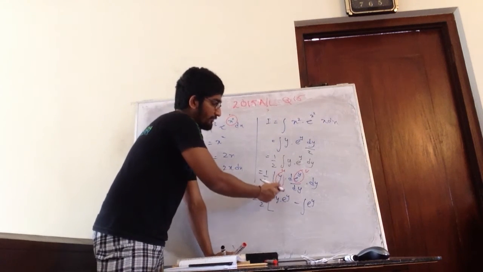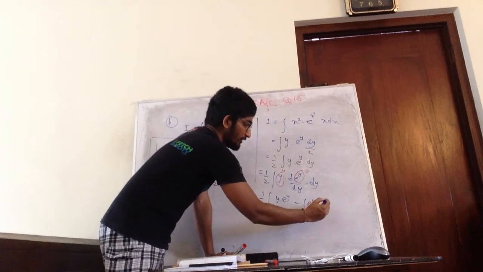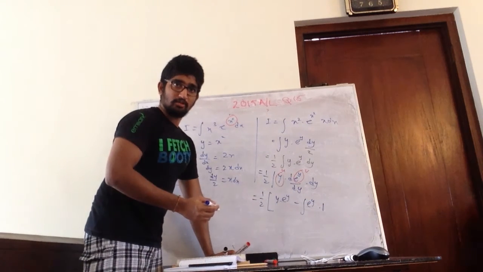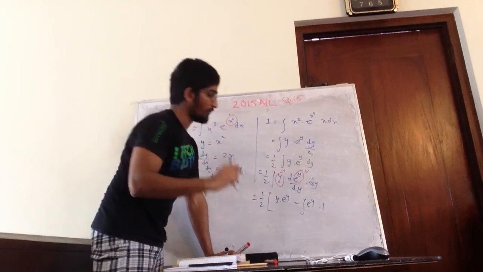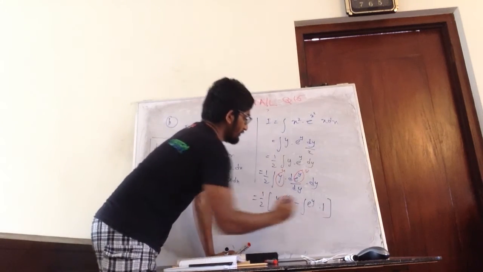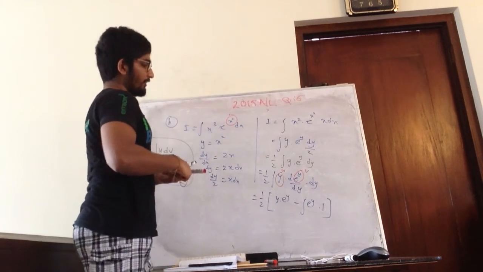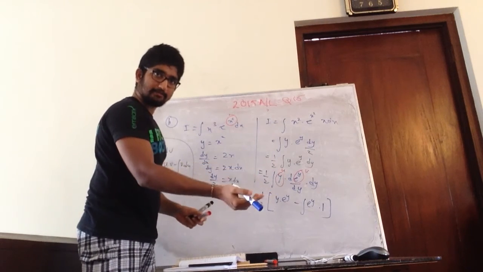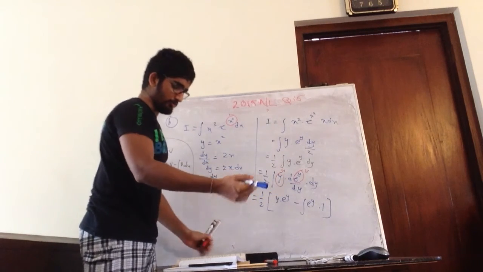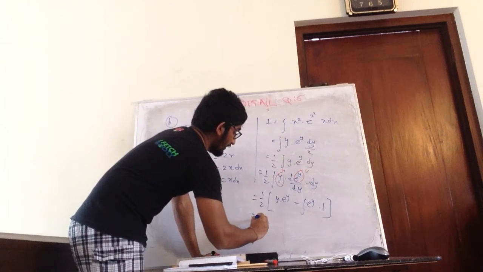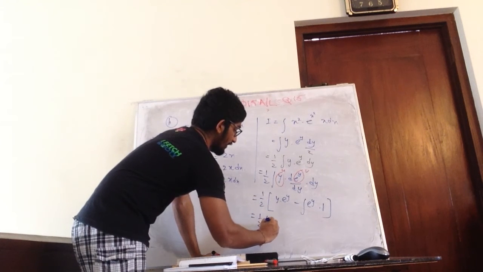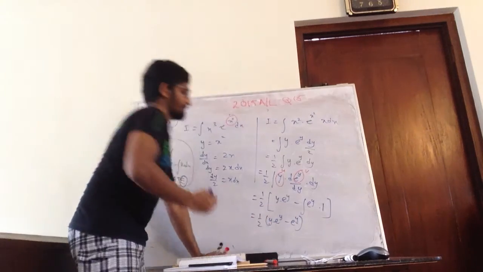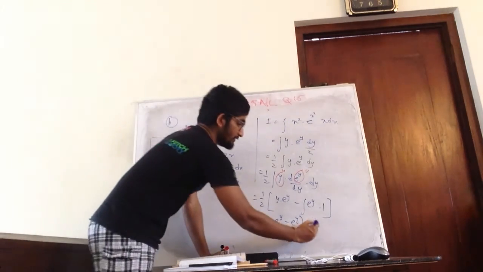If you differentiate y with respect to y, it's going to be 1. Correct? So if you integrate e to the y dy, it's going to be e to the y. Then you will get half of y e to the y minus e to the y plus c.